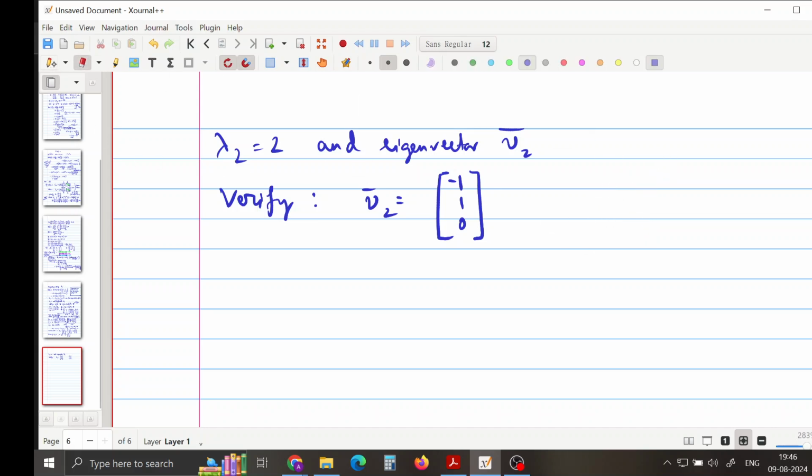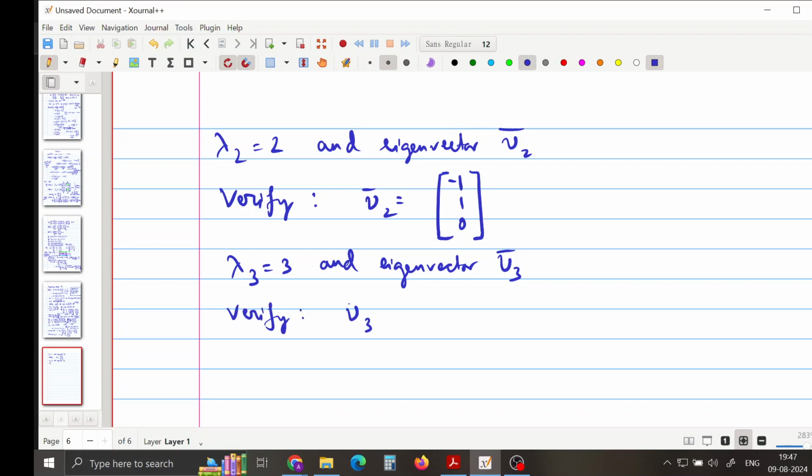Okay, so now similarly for lambda 3, verify v3 is -1, 0.